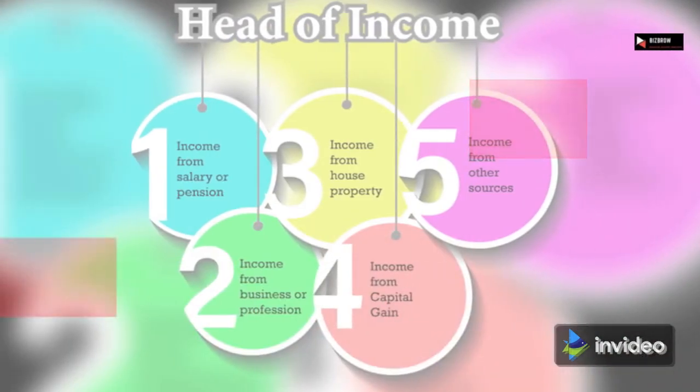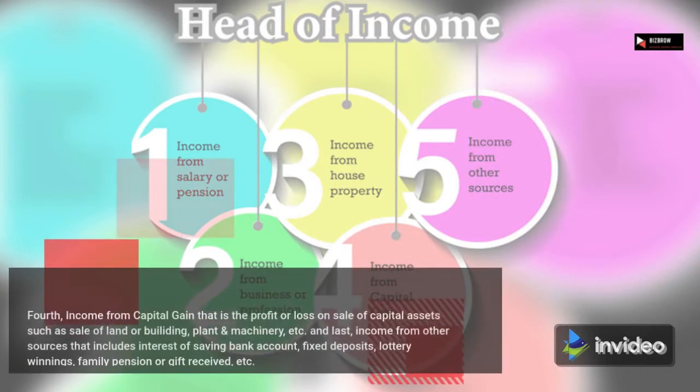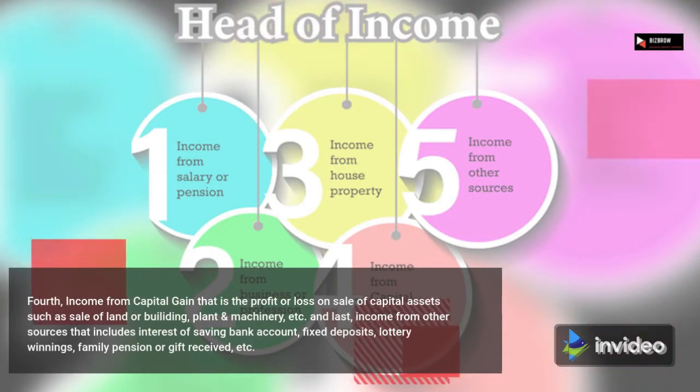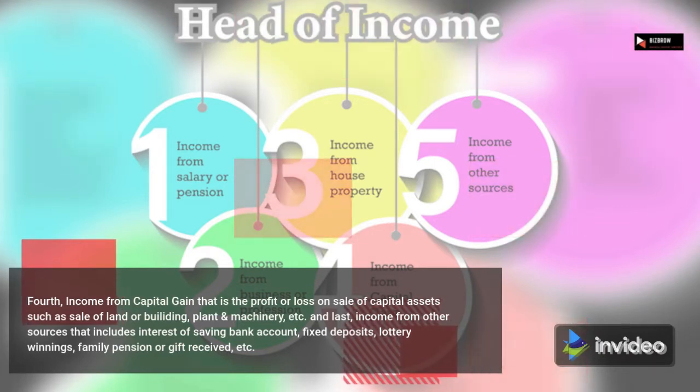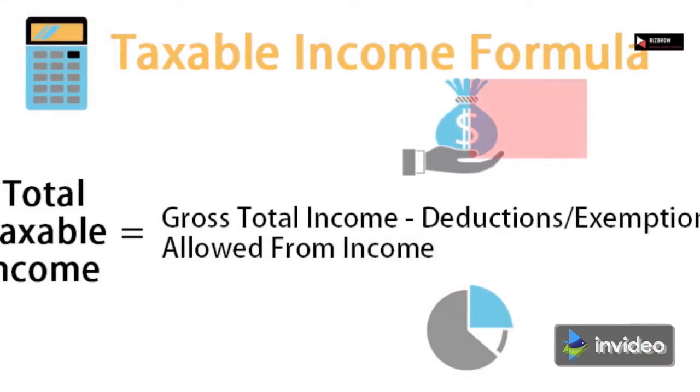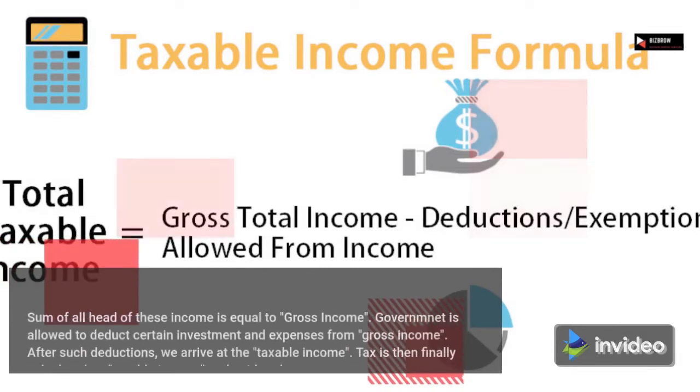Fourth, income from capital gain that is the profit or loss on sale of capital assets such as sale of land or building, plant and machinery, etc. And last, income from other sources that includes interest of saving bank account, fixed deposits, lottery winnings, family pension or gift received, etc. Sum of all heads of these income is equal to gross income.